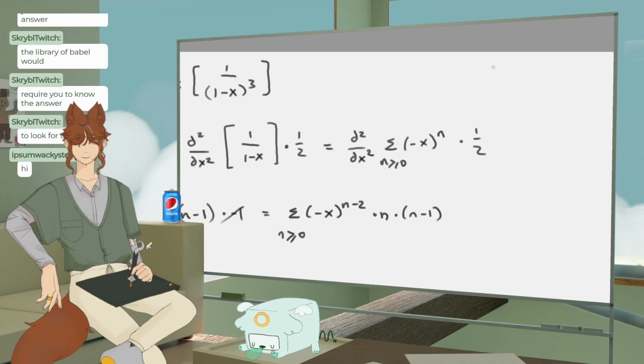I wrote a recall? I remember thinking, I'll remember that, and then I definitely didn't remember that. Good for me for writing a recall, if I did write one. I did. Okay, yes. 1 over 1 minus x equals the power series of x to the n.